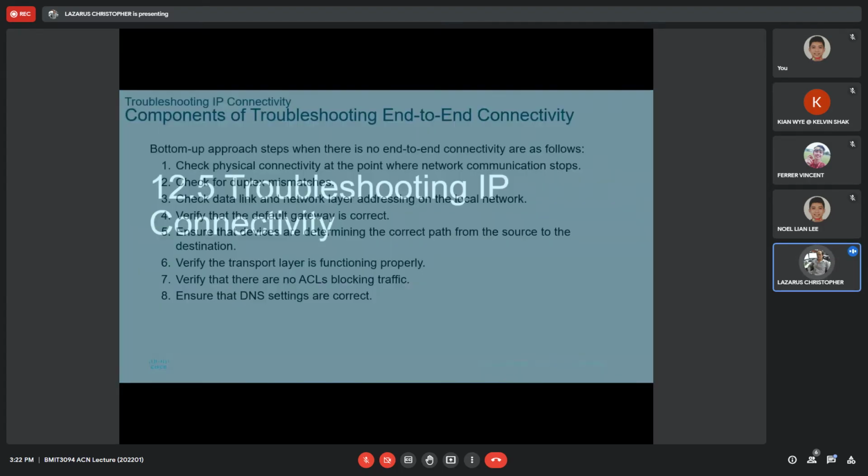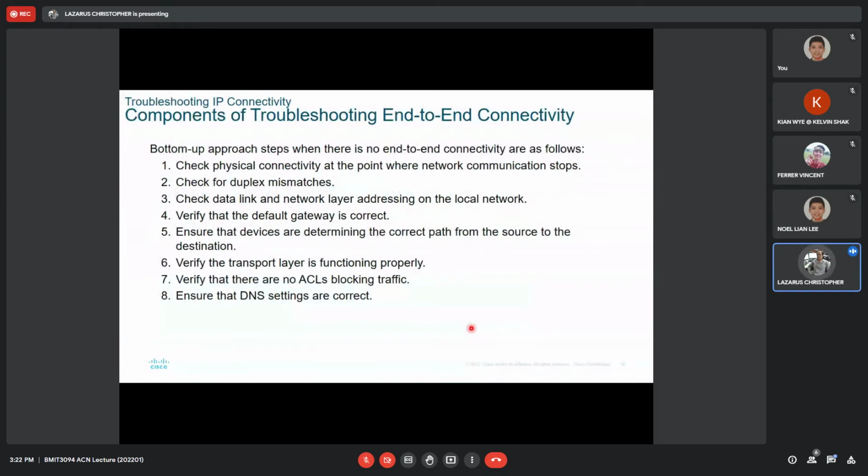Let's have a look at this. When there is no end-to-end connectivity, we start with a bottom-up approach. That means we start from the physical layer and go all the way up to the application layer, and at each layer we do the troubleshooting like what we looked at in the previous section. Because we're going bottom up, we look at the physical layer first.